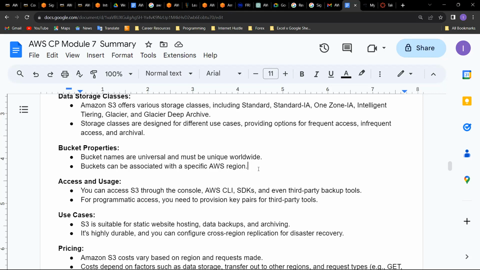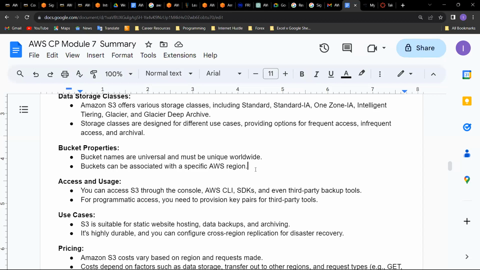Buckets can be associated with a specific AWS region. Yes, bucket is a regional service, right? So yes, buckets are regional services. But when you are creating an S3 bucket, you don't even specify a region. Is it global, but you can still associate it with a region?